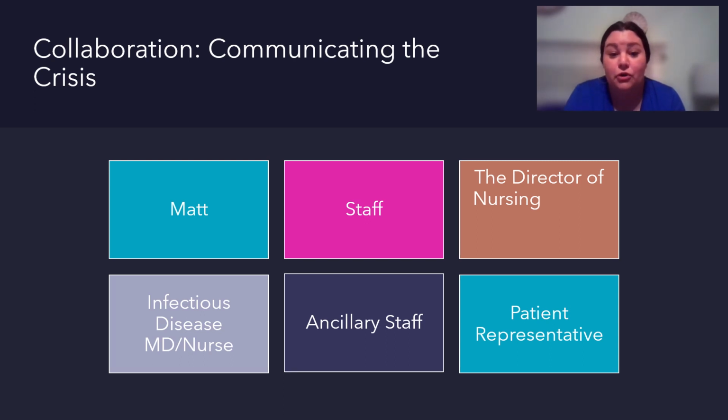The director of nursing can also assist, and we should collaborate with the director of nursing and communicate the crisis to them to see what they have in mind as far as recommendations. It may be that visitors are restricted during this time on that unit. The director of nursing can also ensure that proper policy is being followed hospital-wide and not just on Matt's unit.